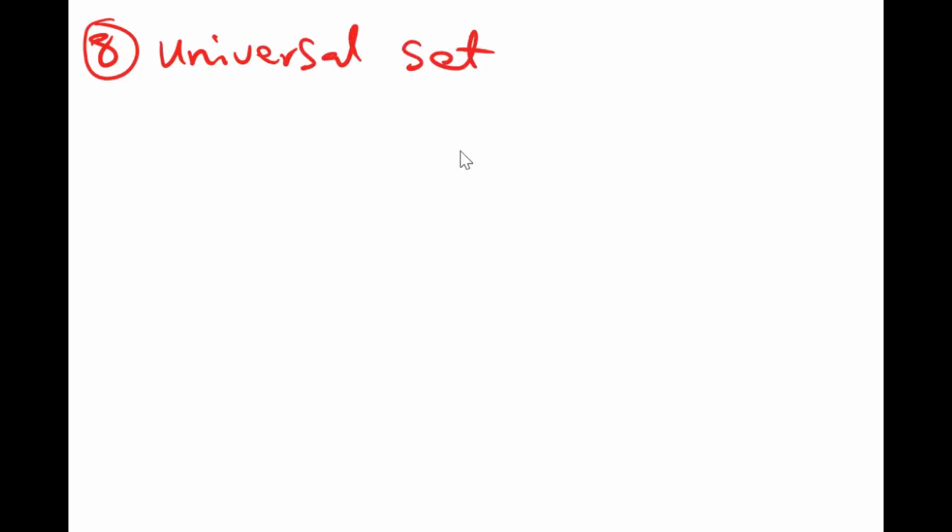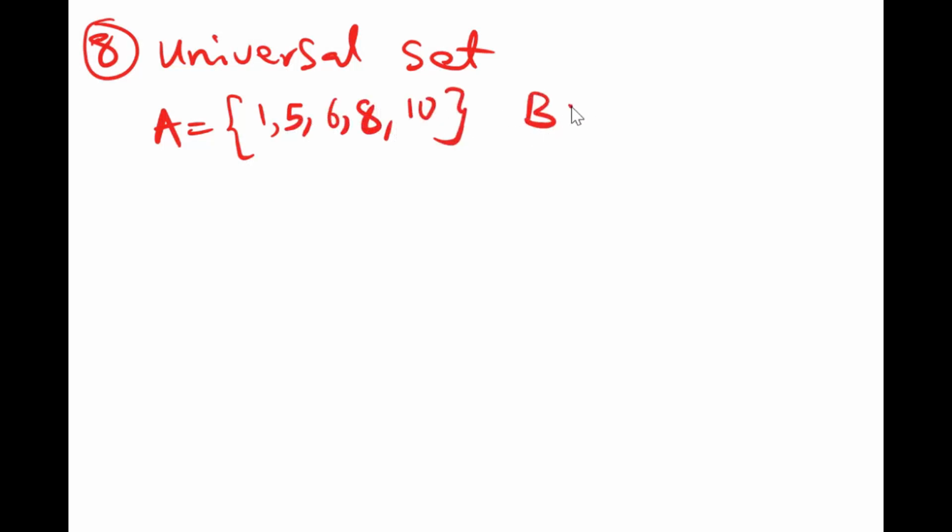Any set that contains all the sets under consideration is known as a universal set. So, for instance, I have A to be 1, 5, 6, 8, and 10, B to be 2, 5, 7, and 10.